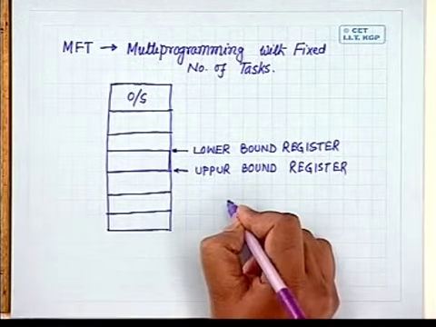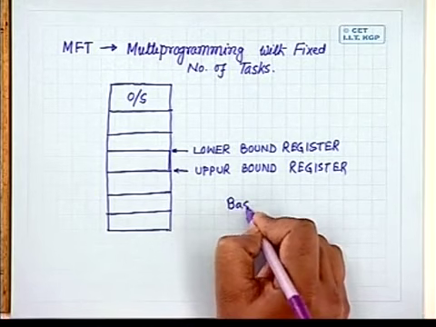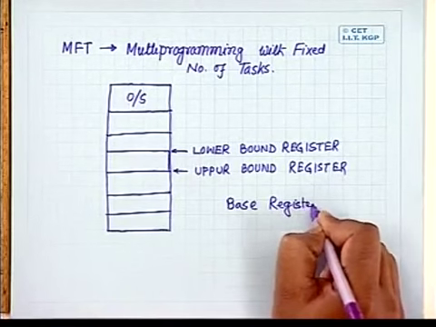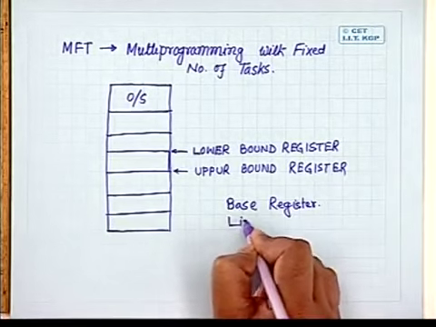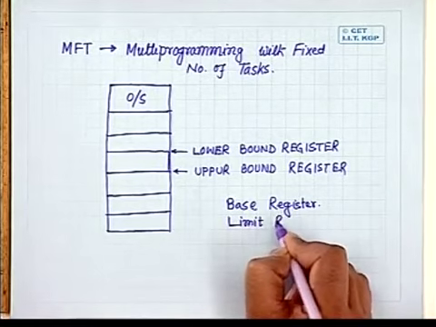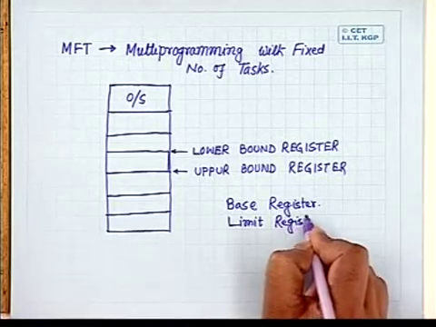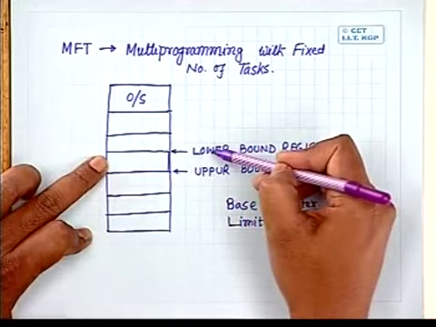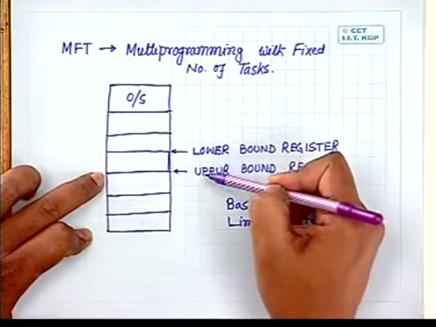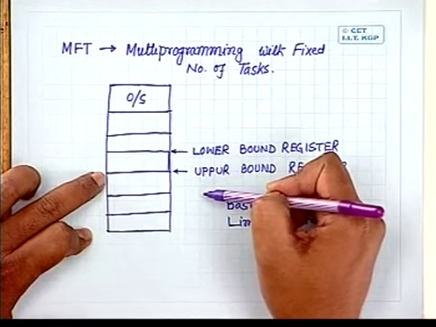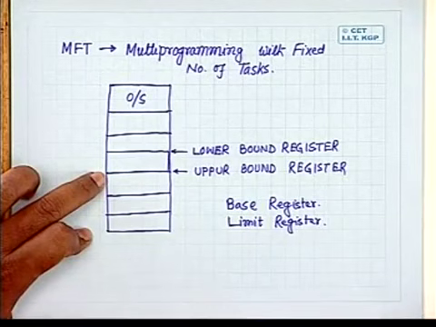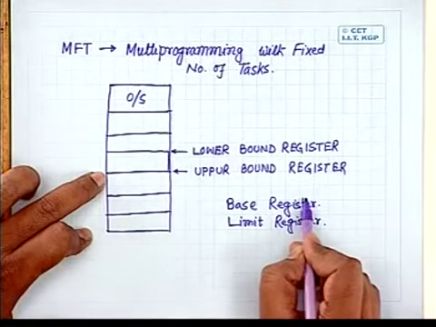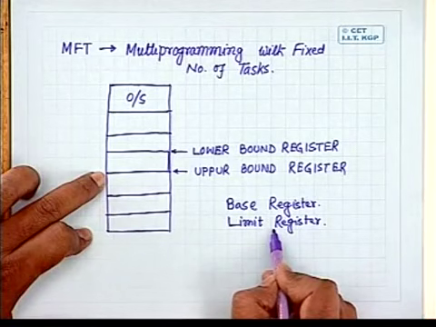One is called the base register, and the other I'll call the limit register. Because an address which is not less than the lower bound register content and not greater than the upper bound register content must reside within the range. The minimum can be the base address, and the maximum can be the base address plus the limit register.